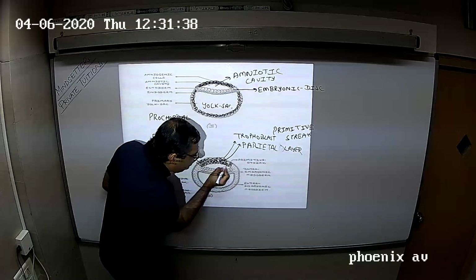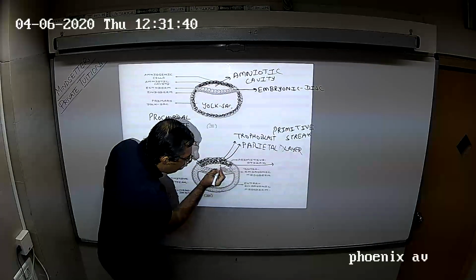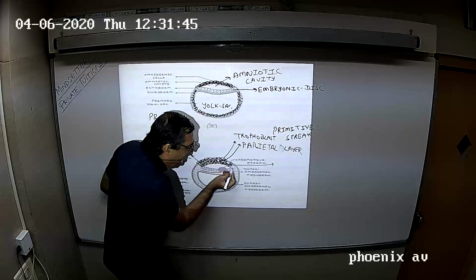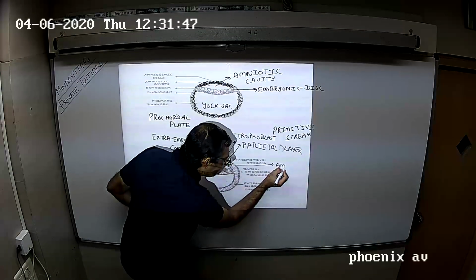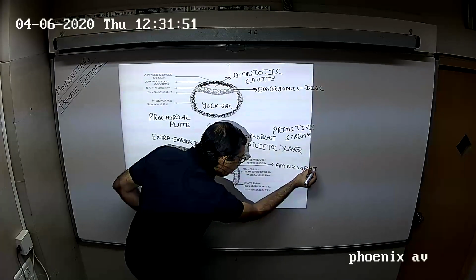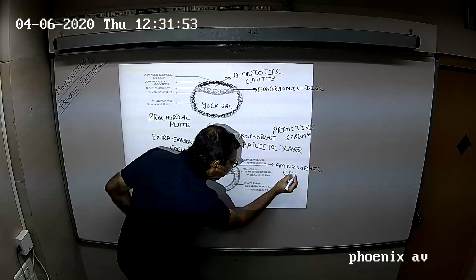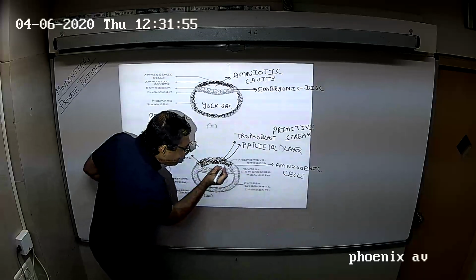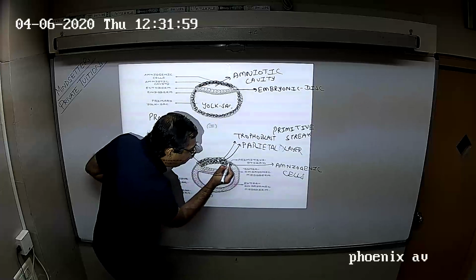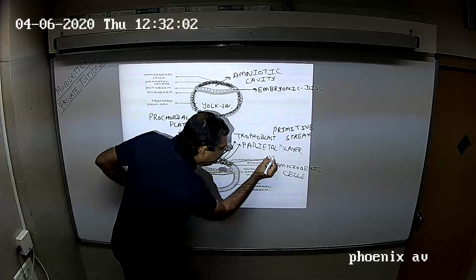And what is the innermost layer called, the one above the amniogenic cells? This inner layer formed is called the visceral layer.